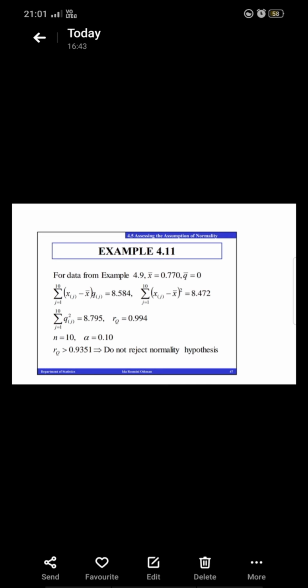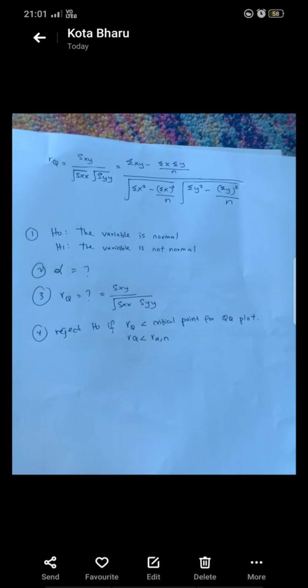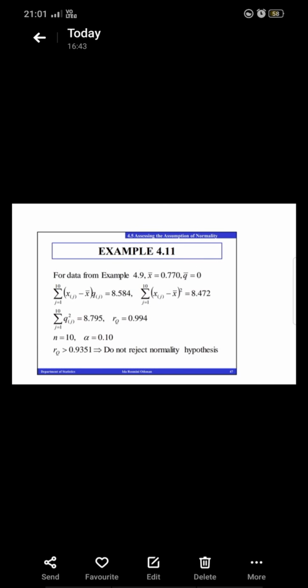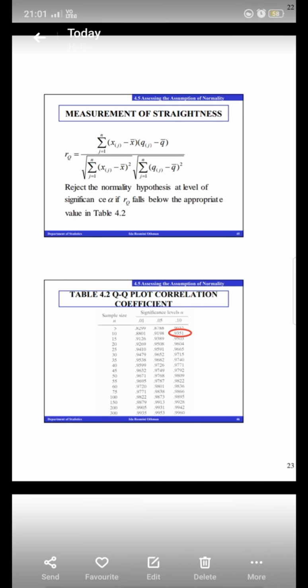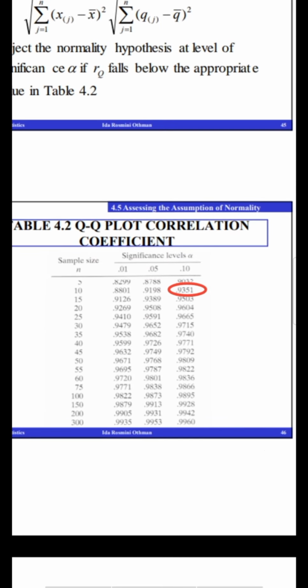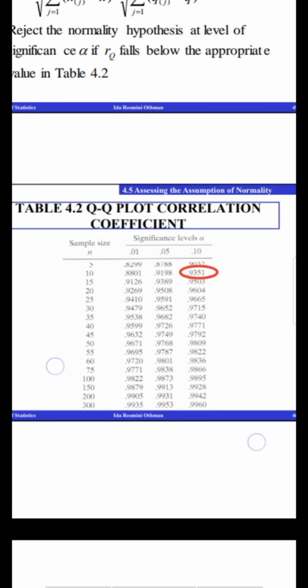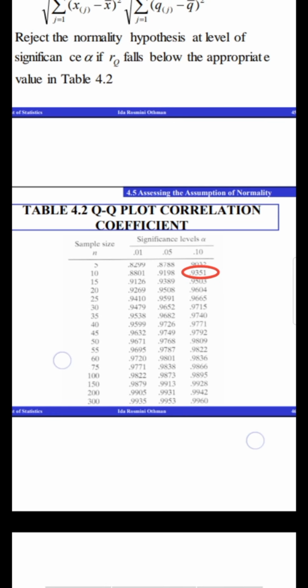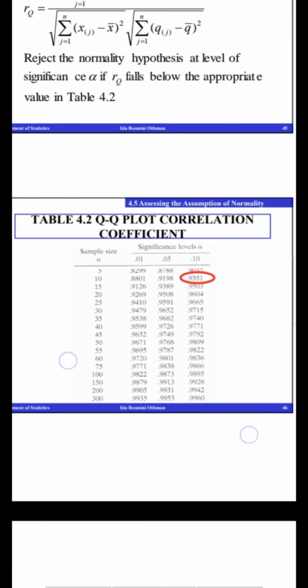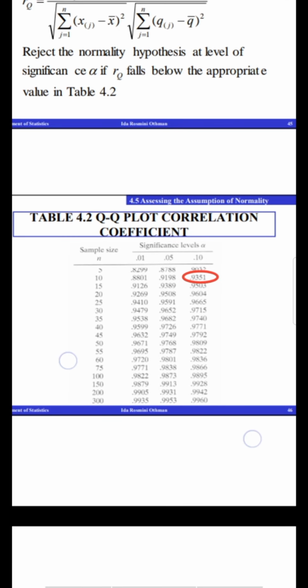Okay, 0.994, and then the decision rule will be, we will reject H naught if RQ less than the critical point for QQ plot, which is, macam mana dapatkan critical point tadi tu? Kita akan gunakan this table. Dalam exam nanti table ni akan diberi. Okay, so macam mana nak gunakan this table?